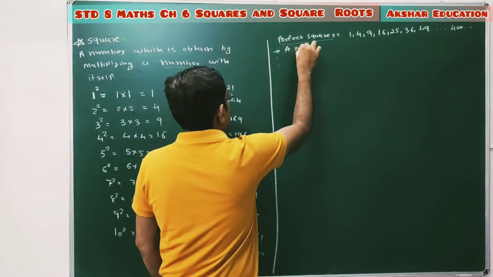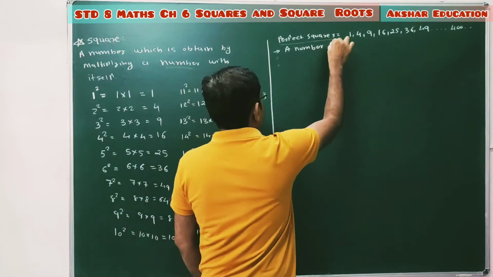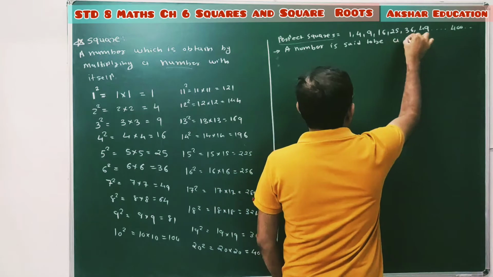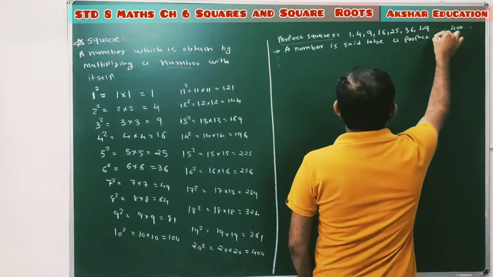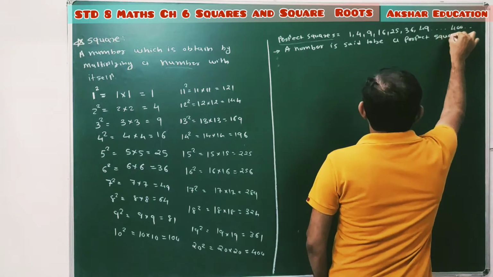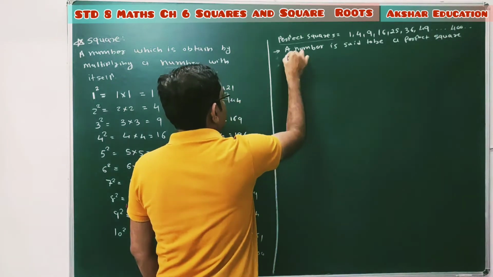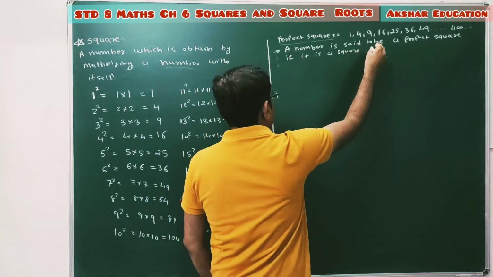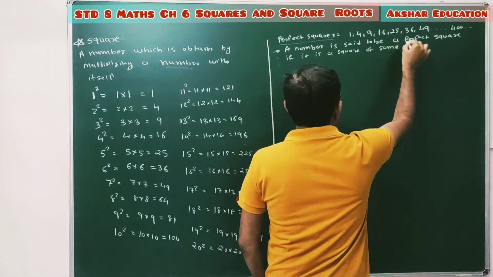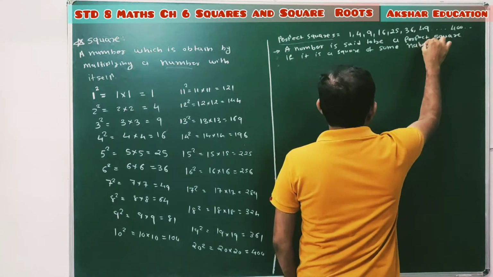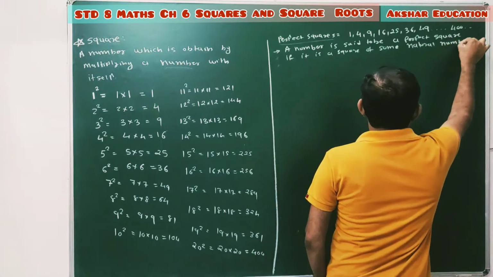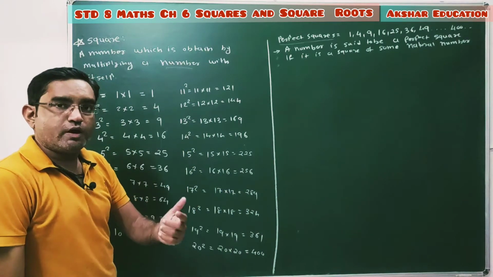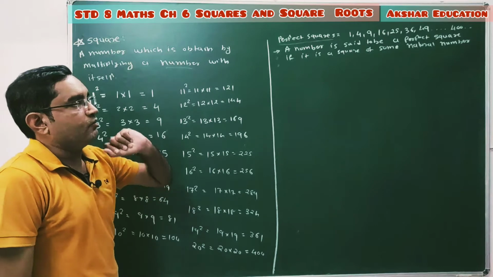A number is said to be a perfect square if it is a square of some natural number. है ना? समझो इसको क्या मतलब हुआ.